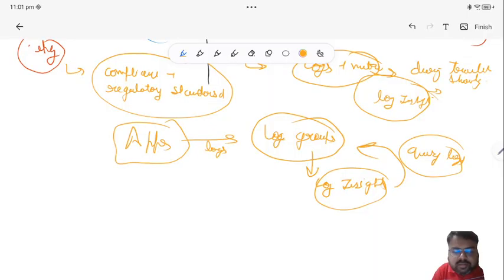Okay, so this marks the end of the discussion between AWS CloudTrail versus Amazon CloudWatch logs or metrics, what we call. Next, we are going to discuss a comparison of the various storage types, or a comparison between the data services.